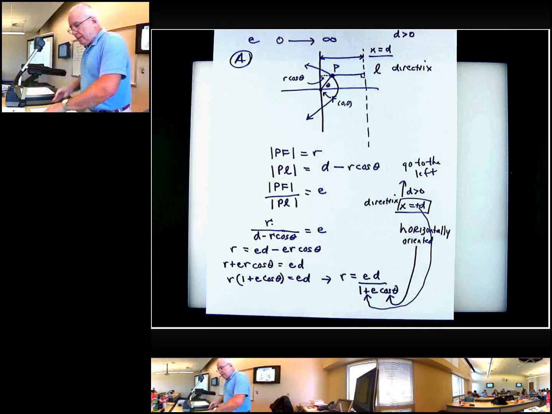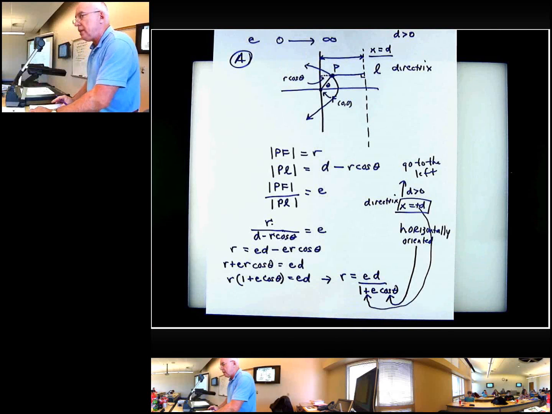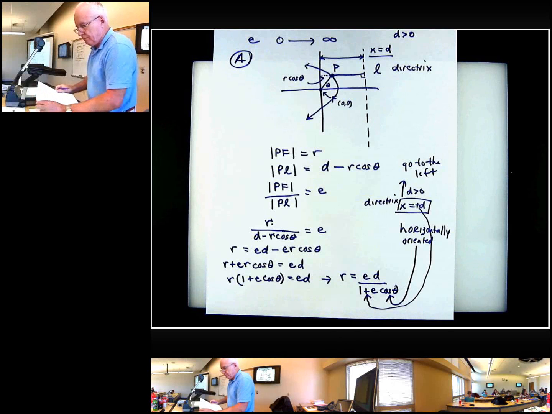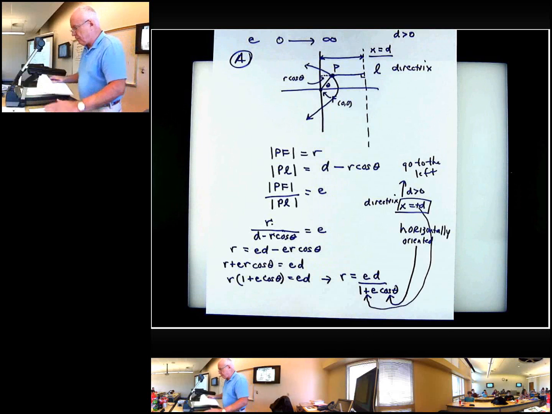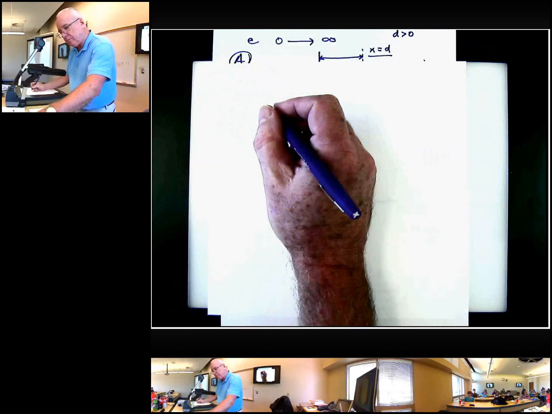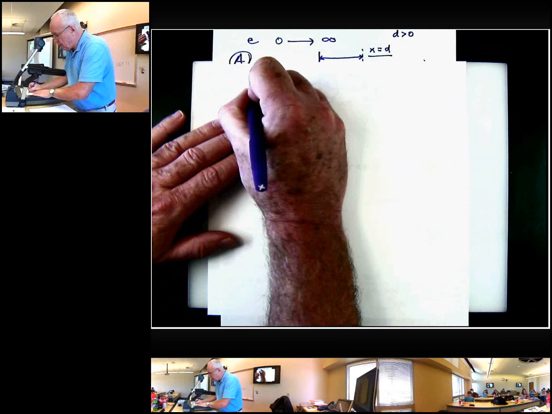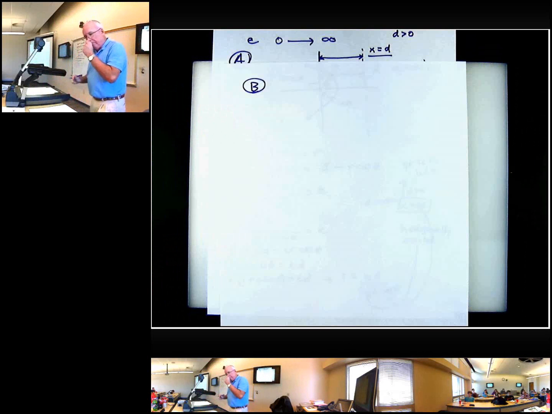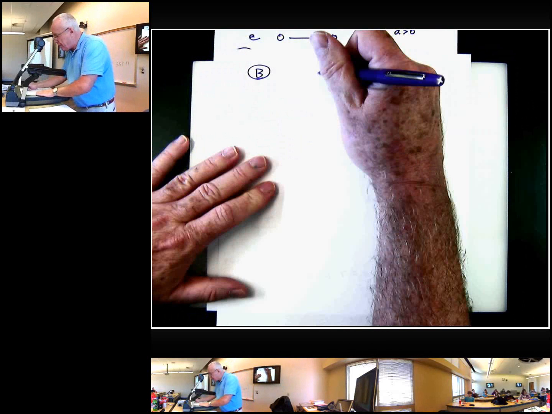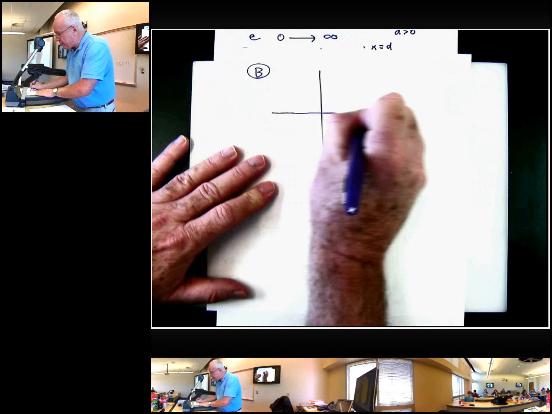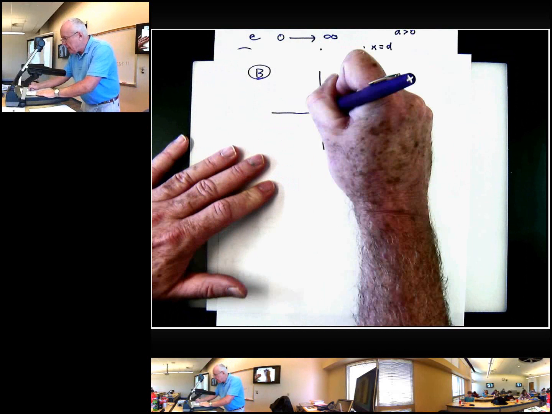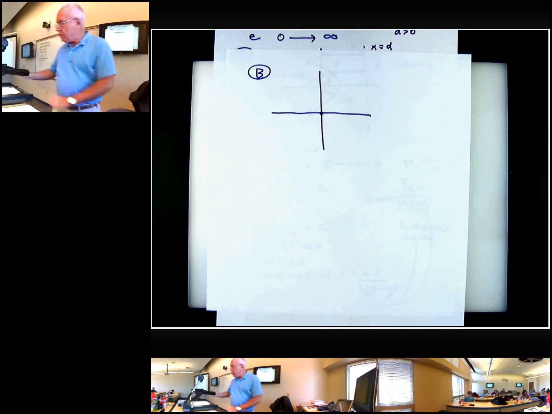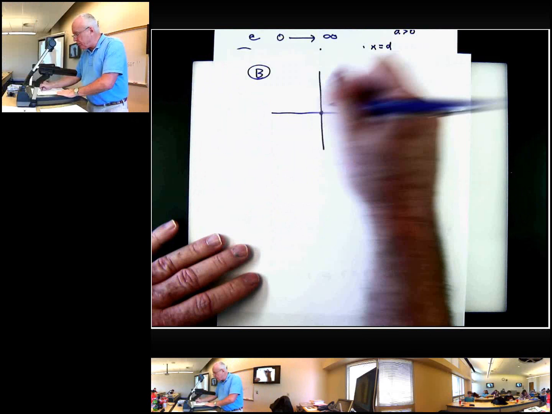Let's then look at case B, where we're going in the other direction. In case B, we have our x and y axis, and here we're assuming that one of the foci is right here at 0, 0.